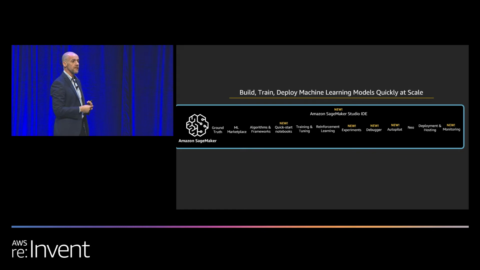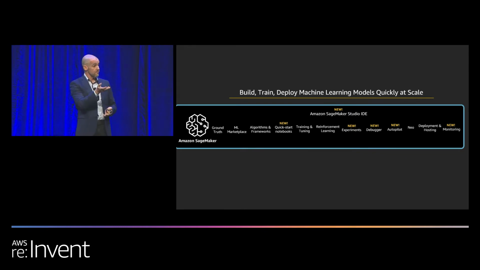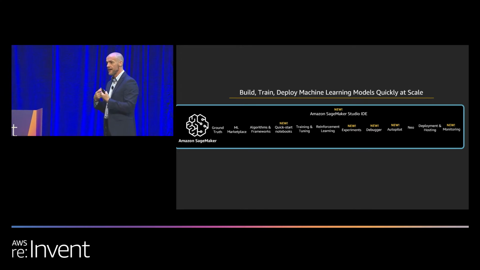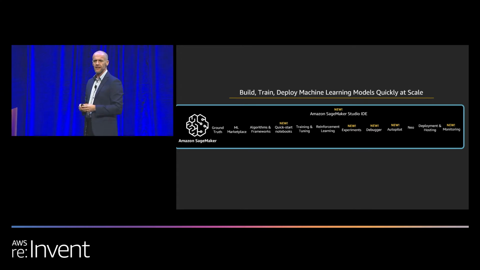It has built-in support for reinforcement learning. It has support, new as of today, for experiments, debugging. It has an autopilot mode that allows you to bring data and obtain an optimized model that you can then customize without having to understand really a lot of the details underneath.